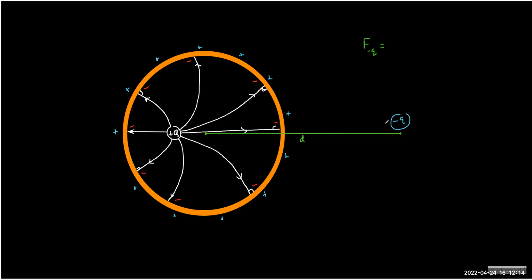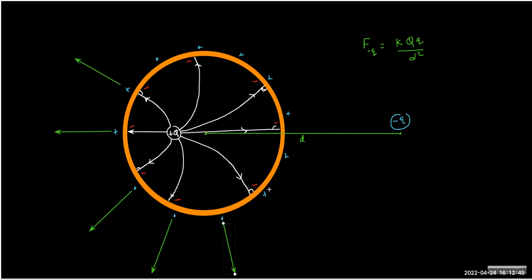Sir, K into capital Q into small q by, sorry, D square. Yeah, so it's the same question. Understood? So that is the whole idea, whether you put the charge symmetrically or not. Similarly, the electric field lines due to the outer surface will be radially outward because they are symmetrical. So they will create a spherical field. Understood?